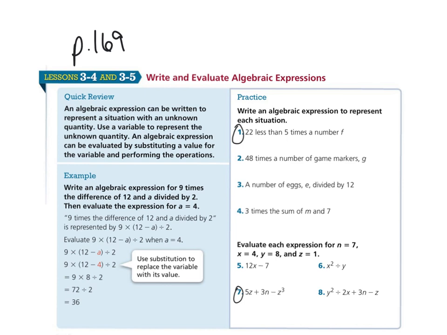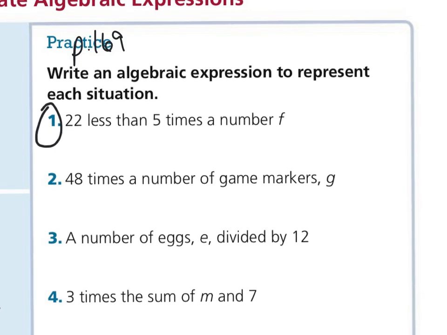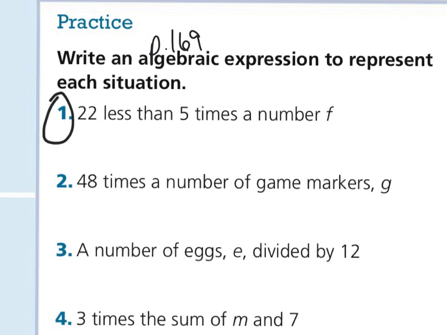If you look on page 169, we are looking at some things here for lessons 3.4 and 3.5. So they're wanting us to write algebraic expressions that represent these situations. So number 1, it says 22 less than 5 times the number f.